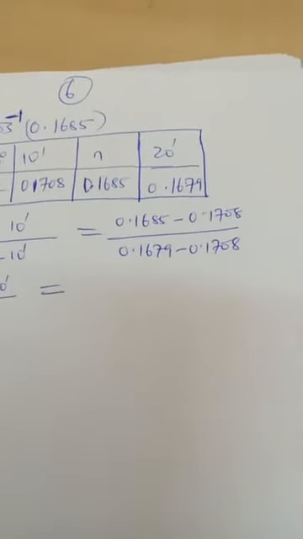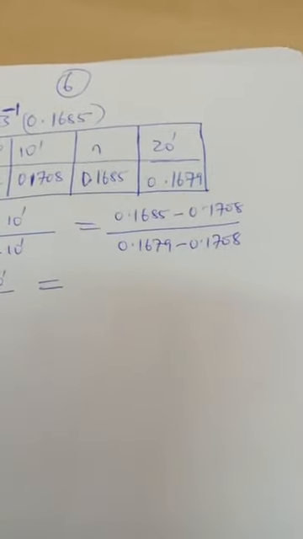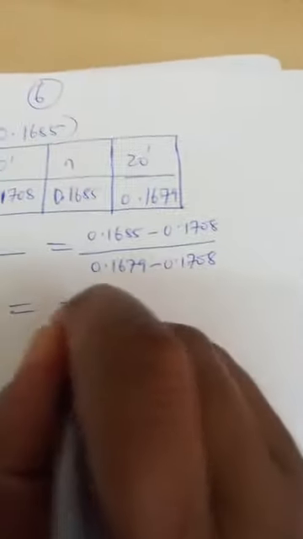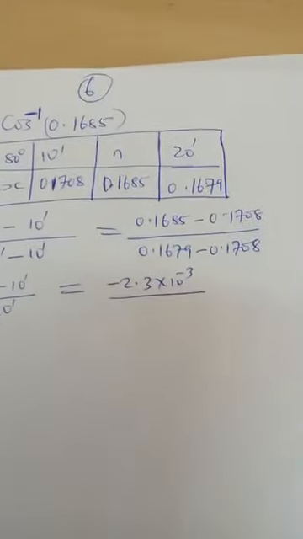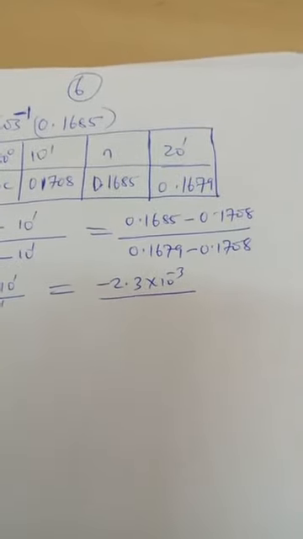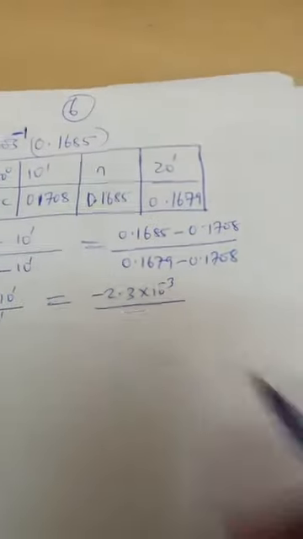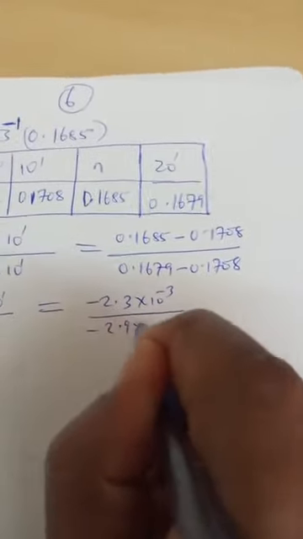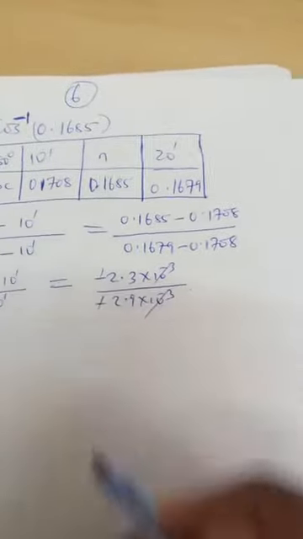0.1685 minus 0.1708 will give me minus 2.3 times 10 to the negative 3, over 0.1679 minus 0.1708, which gives me minus 2.9 times 10 to the negative 3. The negative cancels.